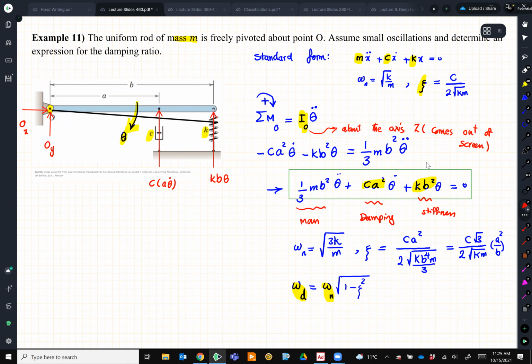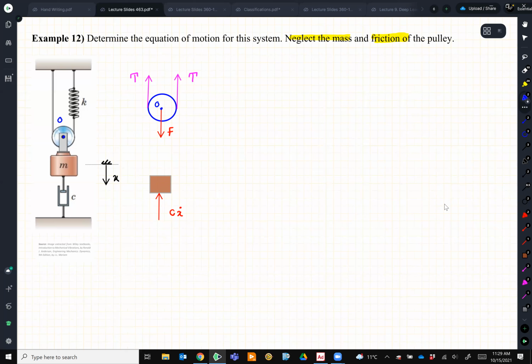But how much this T is depends on the stiffness of the spring. If I move down this mass by X, I can realize that, if I draw a line here and exaggerate it, if the center is moving by X, just let me zoom a little bit so you guys can see.